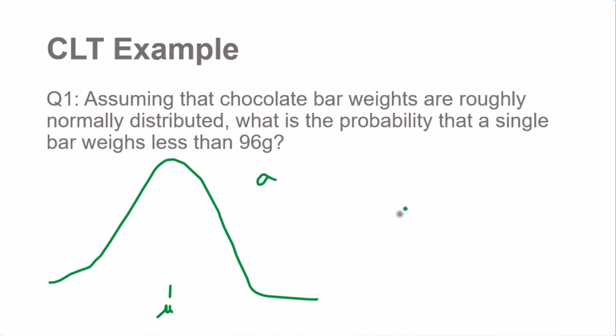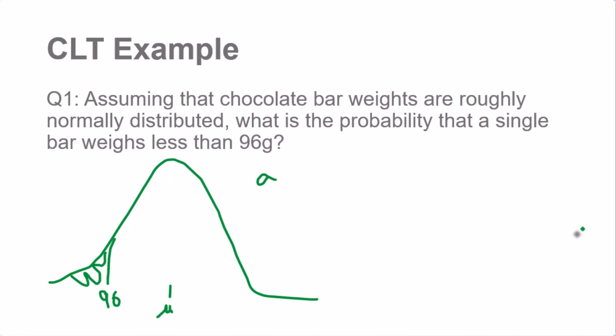So the mu and the sigma were given previously. And we want to know the probability that a single bar weighs less than 96 grams. 96 grams would be somewhere to the left of the mean because the mean is 100. And I want to know the area to the left of 96. So this is just a standard normal distribution question that you would have seen in the previous chapter.